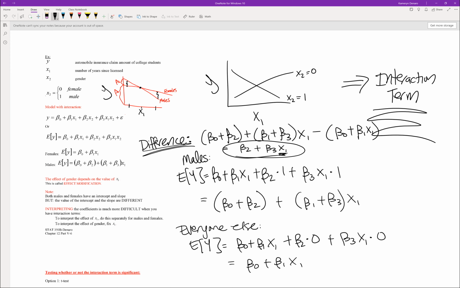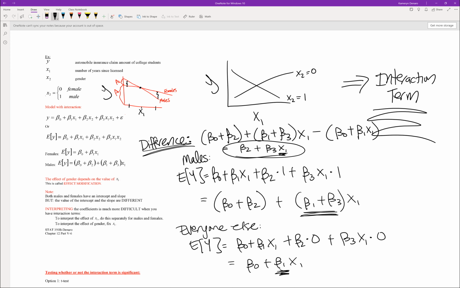To interpret the effect of X1, we need to do this separately for the males and everyone else, because for the males, the effect is beta 1 plus beta 3. They have a particular slope. But for everyone else who is not male, the slope for X1 is beta 1.